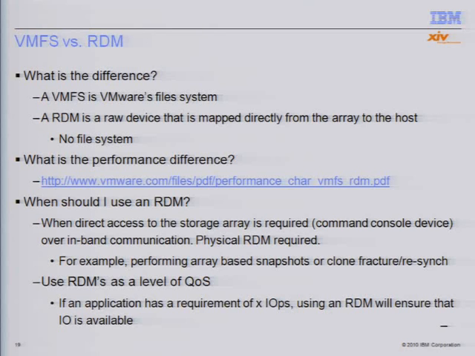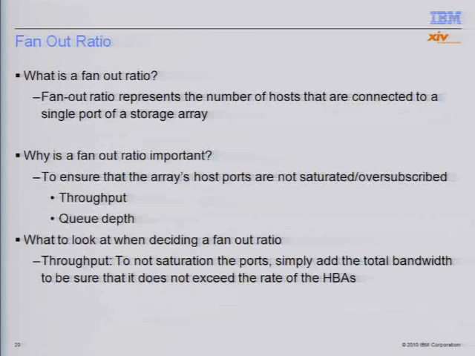A VMFS can be shared amongst multiple virtual machines. One thing you just have to make sure on the back end is that you aren't spreading that RAID set that you took that RDM from to other things within your environment. So that will sort of defeat the whole purpose of using it for an RDM or using it as a level of QoS.